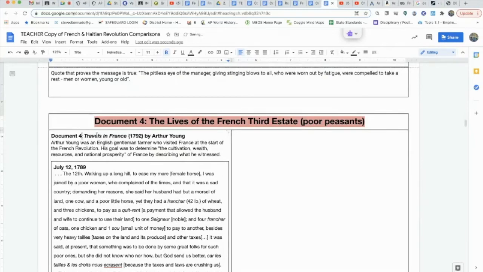Let's fix that. Document 4, Travels in France in 1792 by Arthur Young. Arthur Young was an English gentleman farmer who visited France at the start of the French Revolution. His goal was to determine the cultivation, wealth, resources, and national prosperity of France by describing what he witnessed.